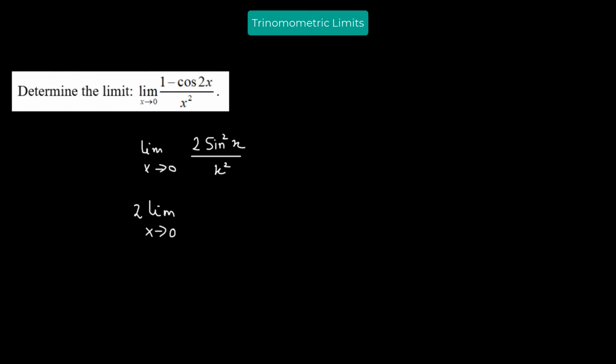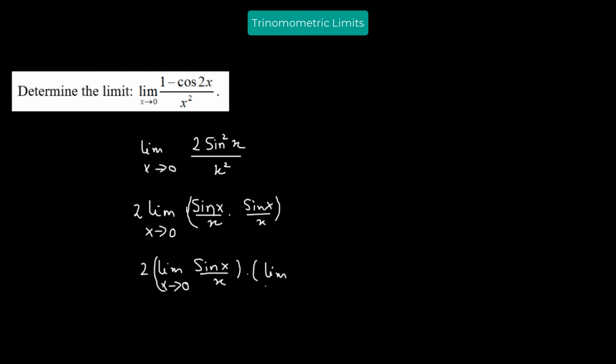So we can bring the 2 to the front of the limit. So we have sine x over x multiplied to sine x over x. So we can apply the limit to the 2 functions. So that gives us 2 times the limit of x tending to 0 sine x over x multiplied to the limit x tending to 0 sine x over x.